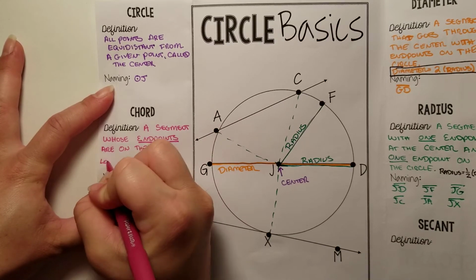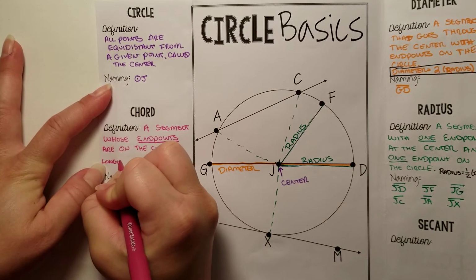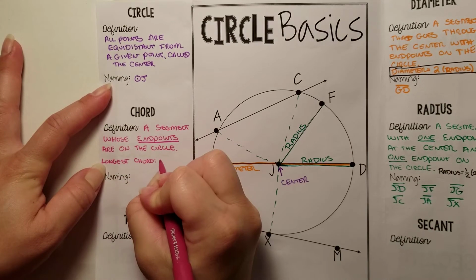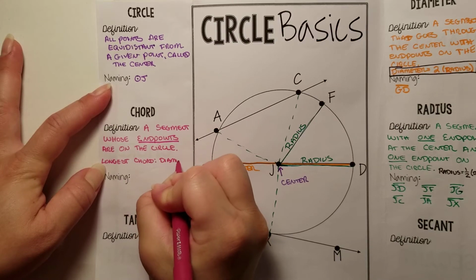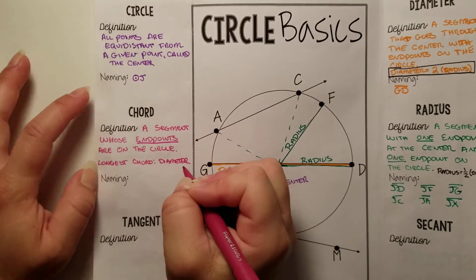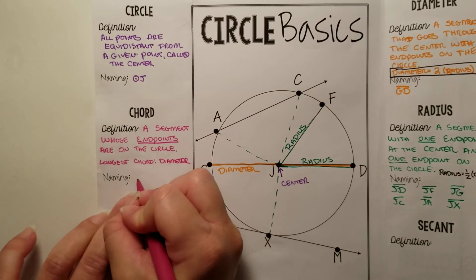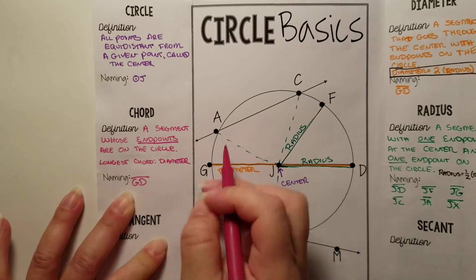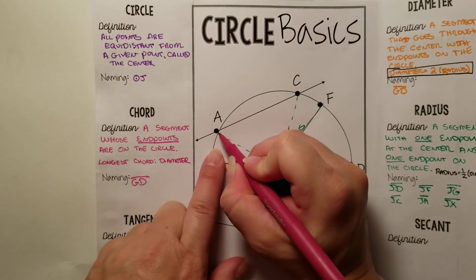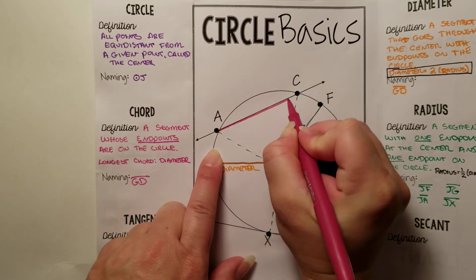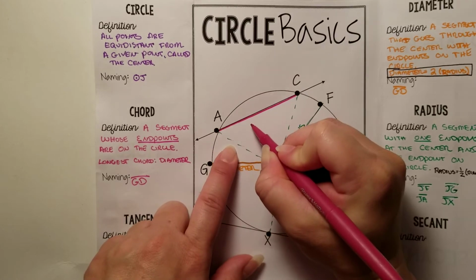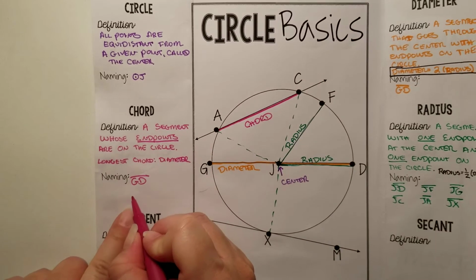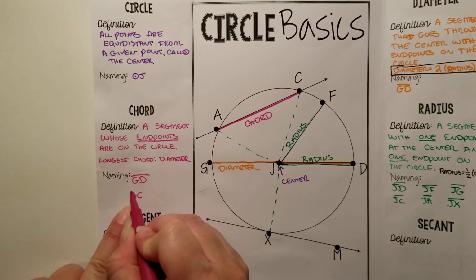And so the longest chord in a circle is actually the diameter. So since we know our diameter is GD, that's considered a chord. Up here, A to C is also considered a chord, because both endpoints are on the circle.